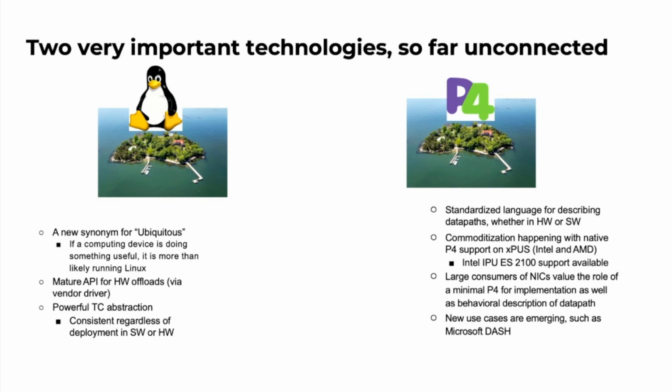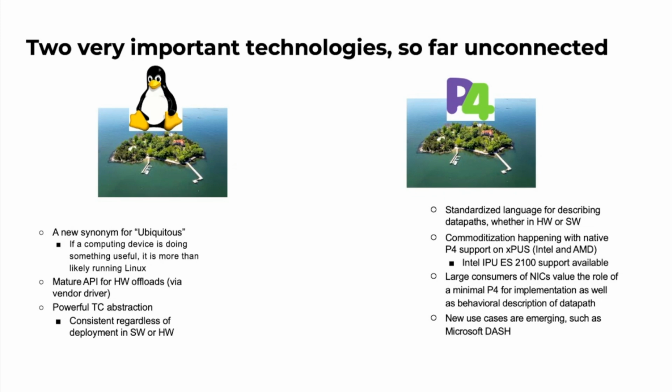We are not on Mars quite yet, but I want to say that it's a very important, standardized language for describing data paths. It can be used in hardware, but it can be used in software also, as some of my previous slides show. This P4 support on XPUs, it's happening. AMD is doing a lot.